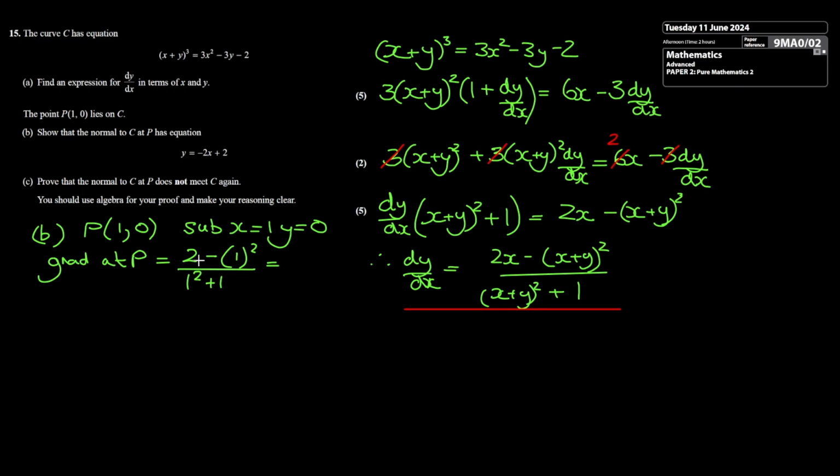And if you work this out, this is 2 minus 1, which is 1 over 2. So the gradient of the tangent is a half. So therefore the gradient of the normal is equal to negative 2.